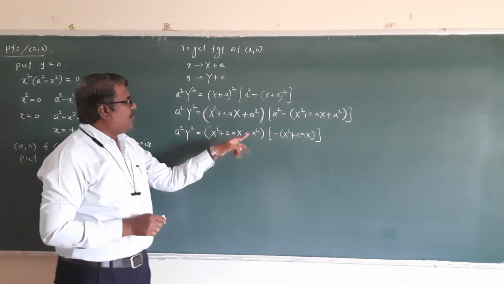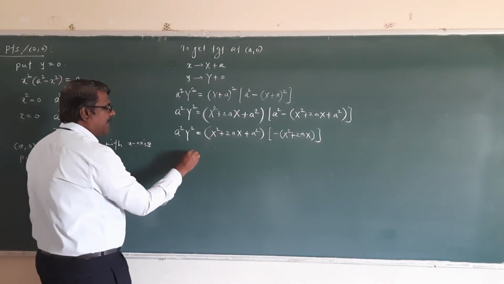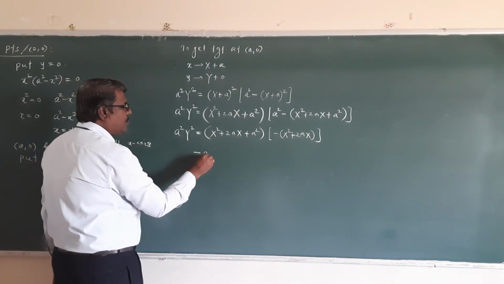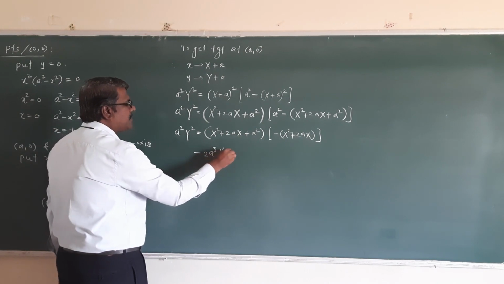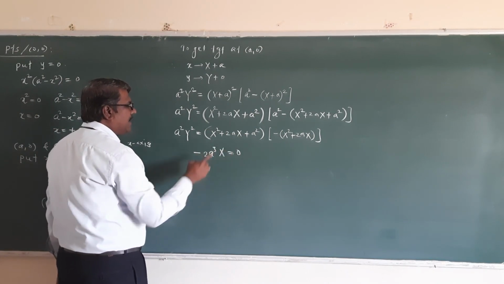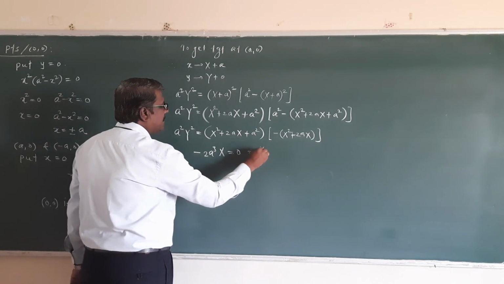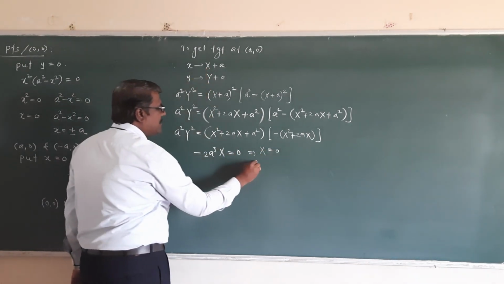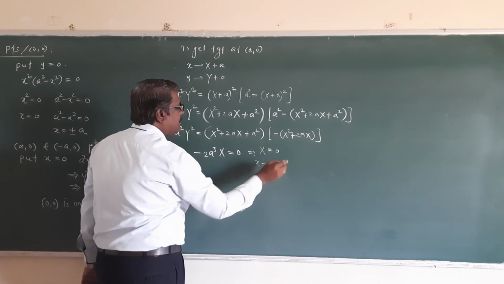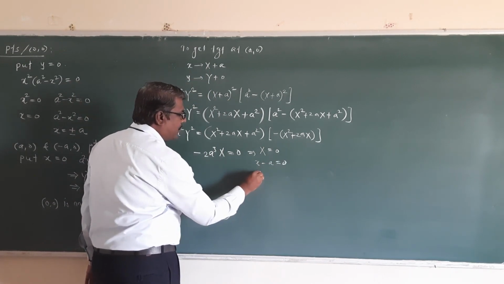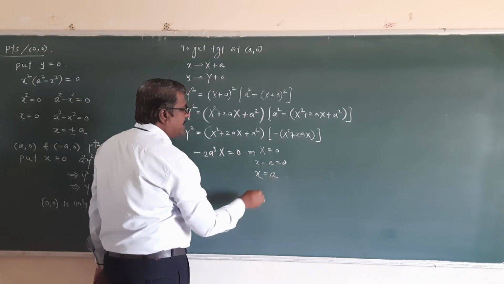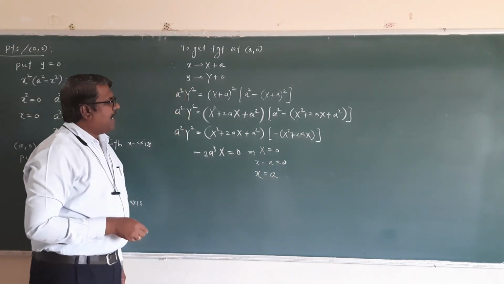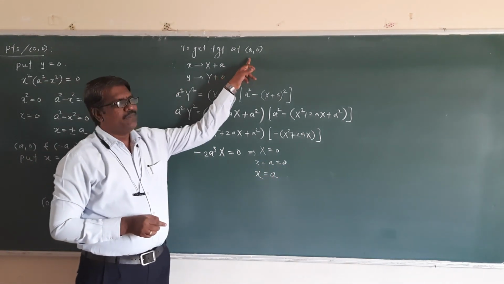So equating lowest degree term to 0, we get minus 2a into x is equal to 0, and this implies x is equal to 0. But what is value of x? It is x minus a is equal to 0, and therefore x is equal to a is the equation of tangent at a comma 0.